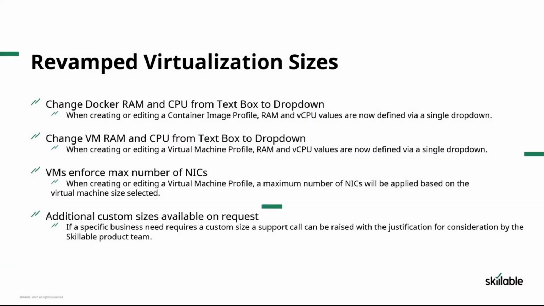The next thing that we've changed is this concept of creating what we call virtualization sizes. Before, we used to give a complete free hand for people to specify how many CPUs they wanted, how much memory they wanted, and network adapters.